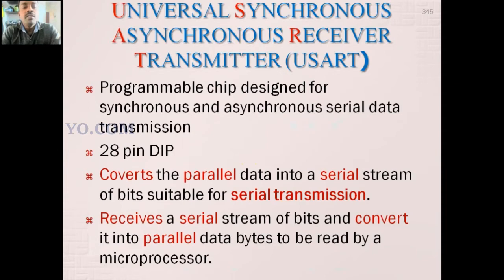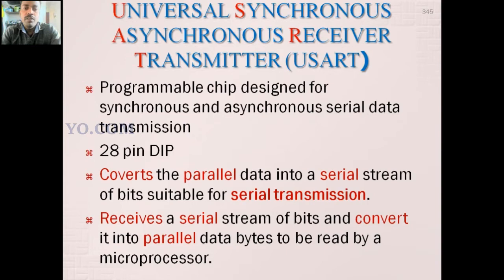So this 8251 converts the parallel data into a serial stream. Why does it need to convert parallel to serial? Because it is connected between the microprocessor and other devices. Suppose the microprocessor has parallel lines, the data lines and address lines, everything in parallel.